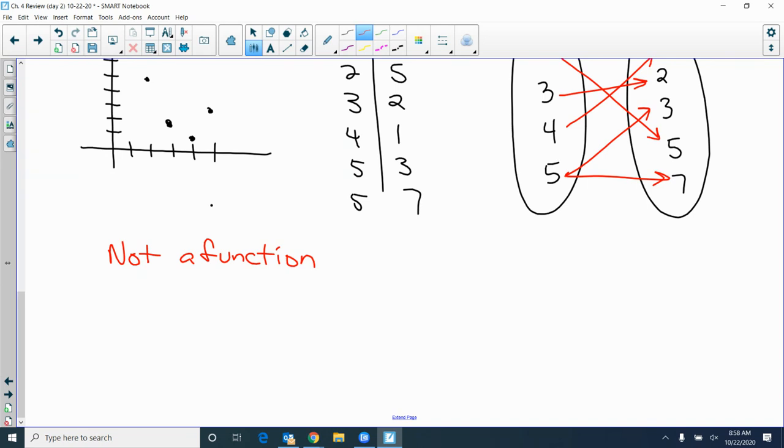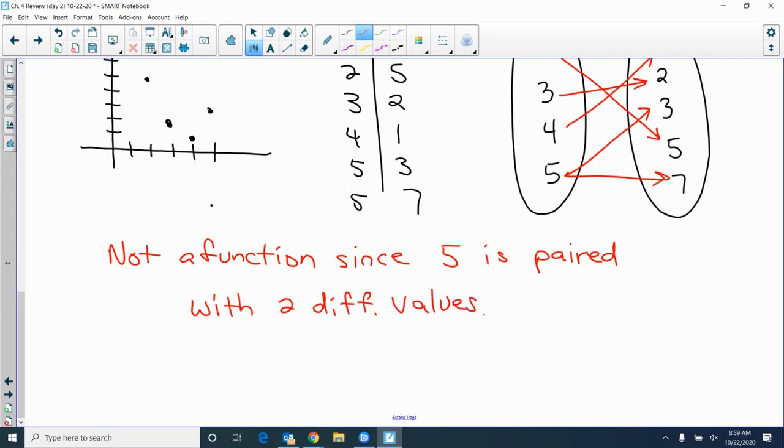So if any member of the domain goes to 2 different values, it's not a function, since 5 is paired with 2 different values. Okay, so that's 7. All right, 8, you're still on this sheet here.